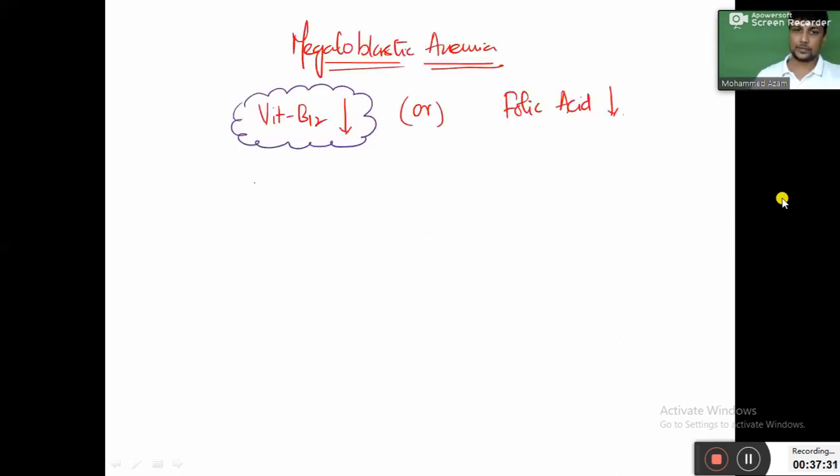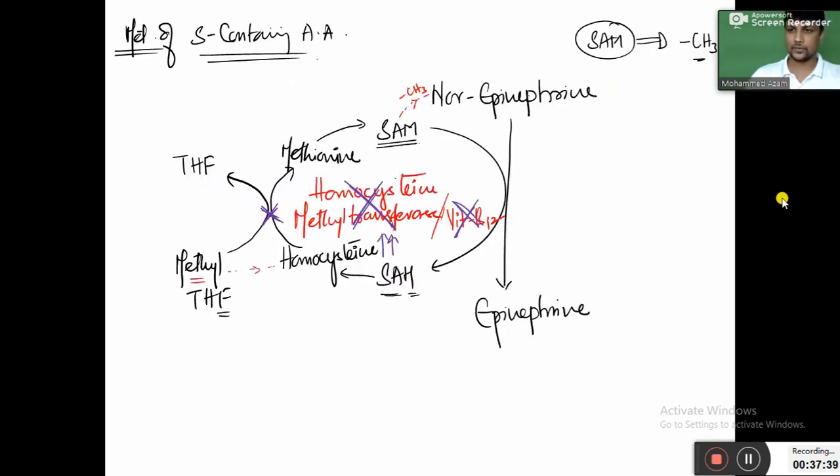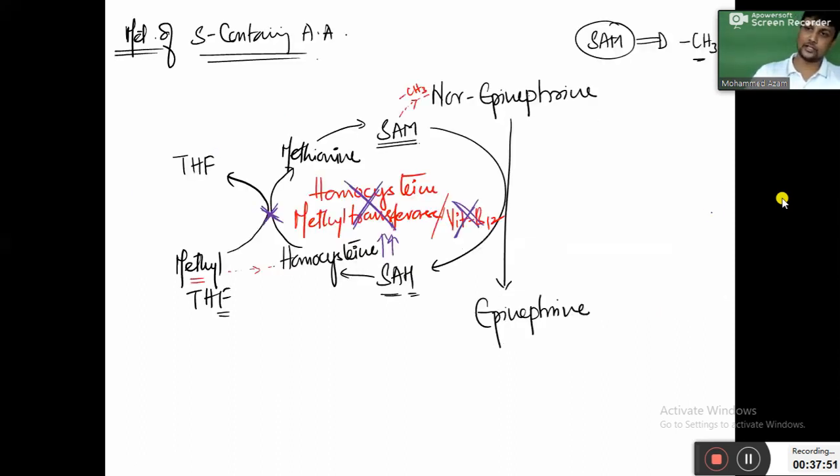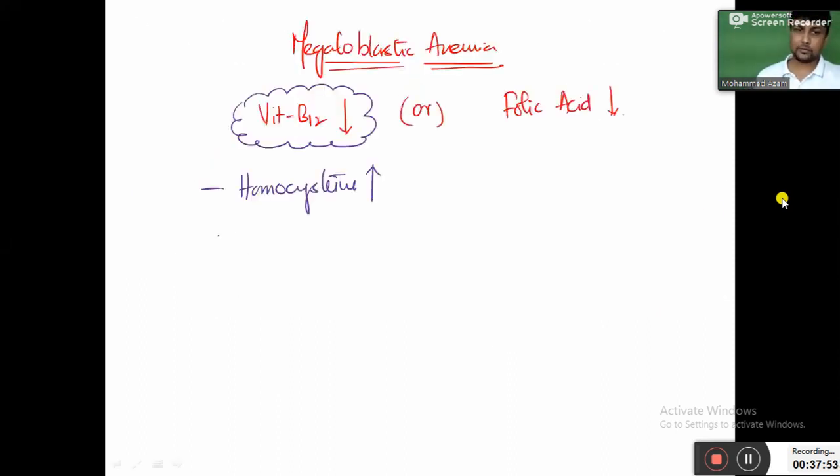So if the patient comes with vitamin B12 deficiency, in his blood homocysteine levels will be increased. Number two, if vitamin B12 is deficient, this enzyme is also not working, so this reaction is not going to take place. Therefore methyl malonyl CoA levels will also go up, so in his body even MMC, methyl malonyl CoA, will be elevated.